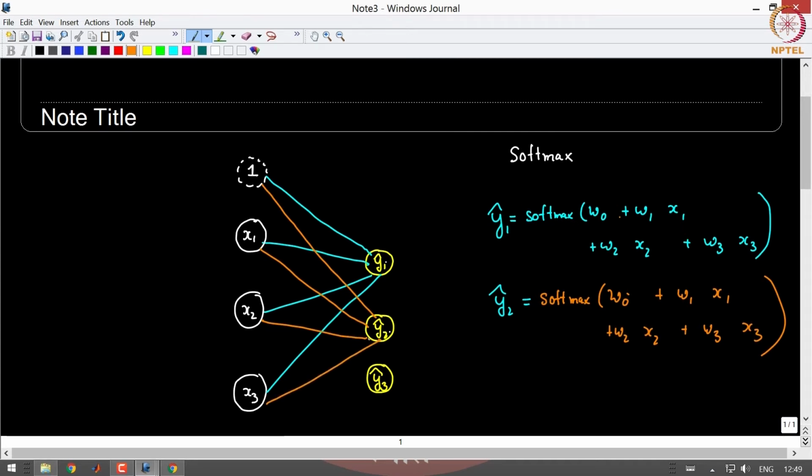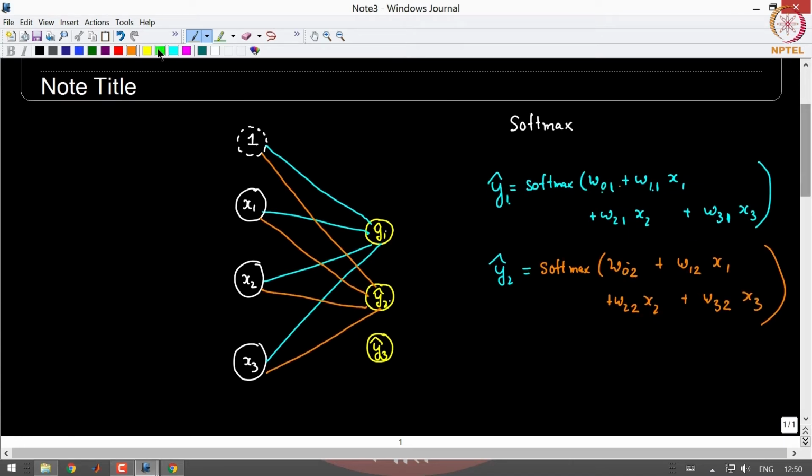So, we need some terminology in order to distinguish these two weights. So, I will call it W01, W11, W21, W31, where the 1 stands for the output and the 0, 1, 2, 3 actually stands for the input. Similarly, you can easily see that now this should be W02, W12, W22 and W32. Finally, if we come here, I need another set of weights. Okay.